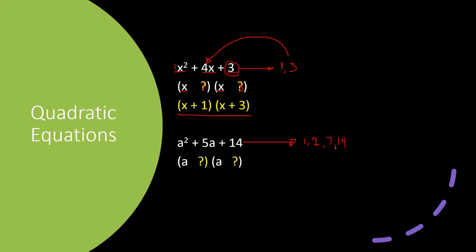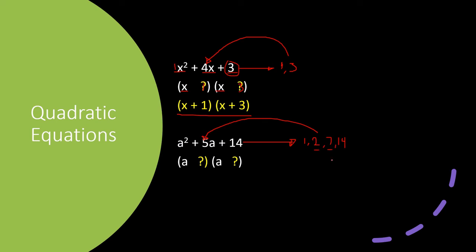All of these are factors of 14. Now, which two of these factors will I have to add or subtract in order to get this number 5? Always the number in the middle, my friends. Those two numbers will be the 2 and the 7.